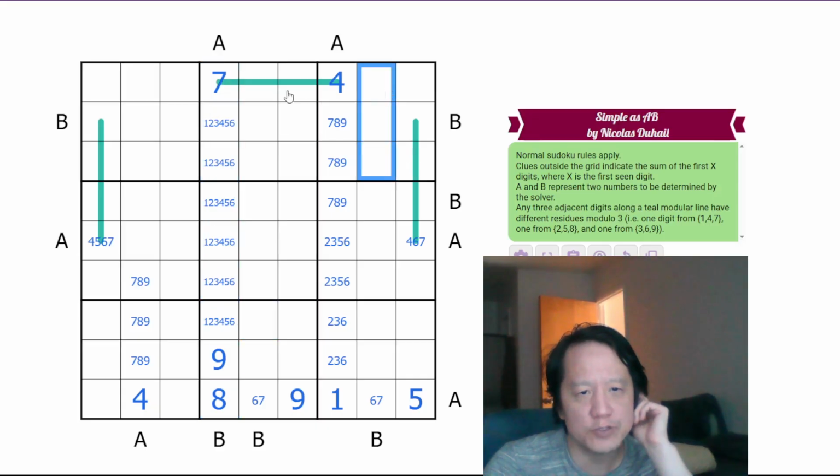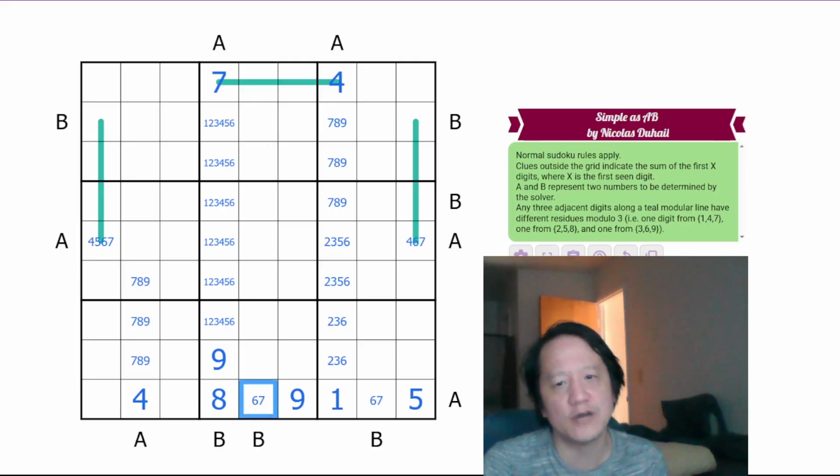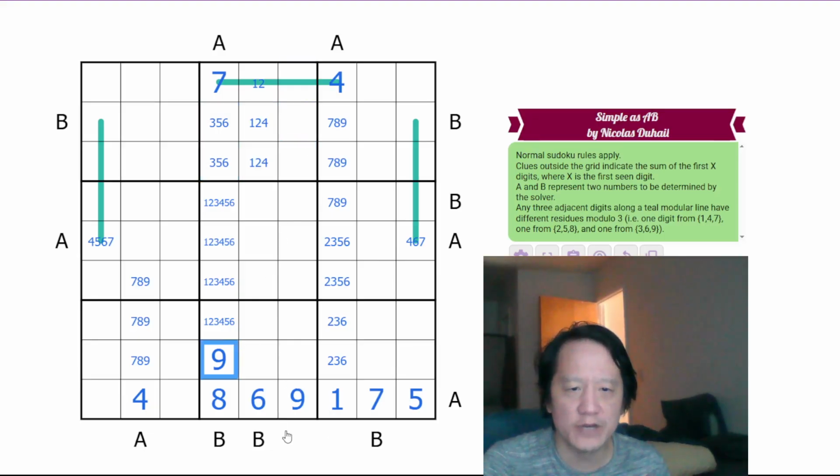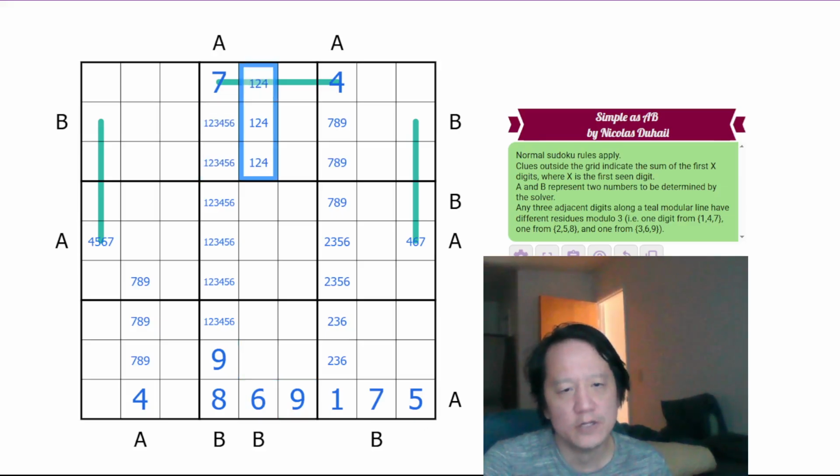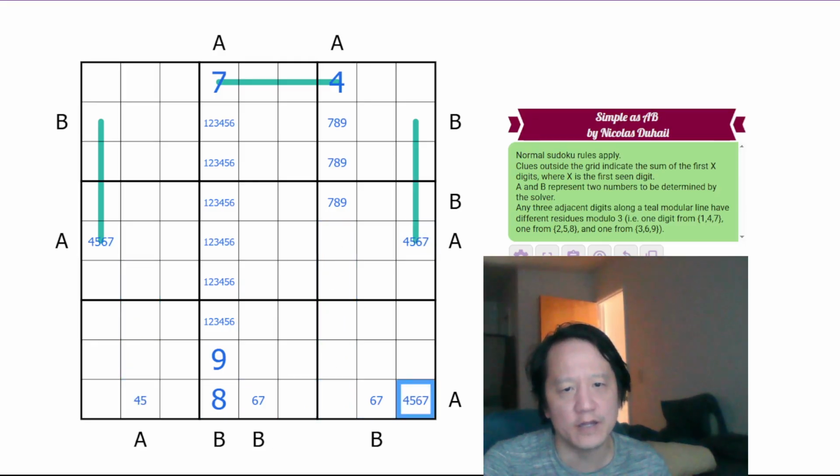But this can't be 1, 2, 4. So therefore, this would have to be 6. This would be 7. This would be missing 1, 2, and 4 here. No 4 here. That eliminates 1, 2, and 4 in the rest of the box. Oh, we'd have 2 9s here, and we'd have a contradiction. There we go. So that proves that this can never be 7 for A in column 4.